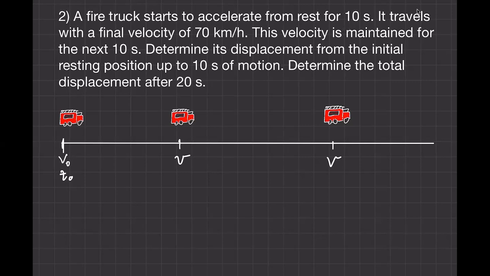What else do we need to know? Perhaps we can also write the time. So you have time t naught, you have time t1 here, you have t2 here, and t1 is 10 seconds, and t2 is also 10 seconds.